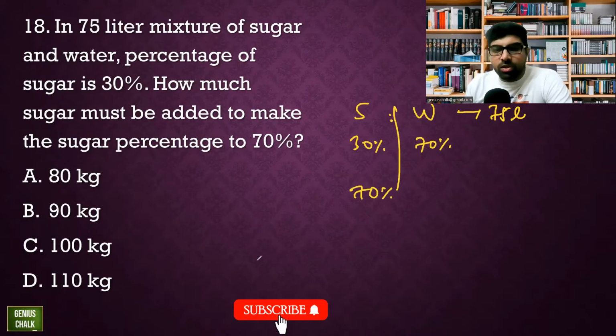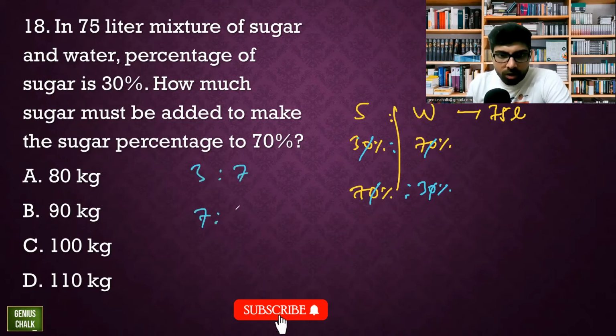So again we can solve using ratio and we can solve using percentage. If you want to solve using ratio, this is 3:7, that means 30% sugar, 70% water, and next 70% sugar to 30% water. What is the new ratio? 7:3. So earlier the ratio was 3:7, now the ratio is 7:3, and what we are adding? We are adding sugar.